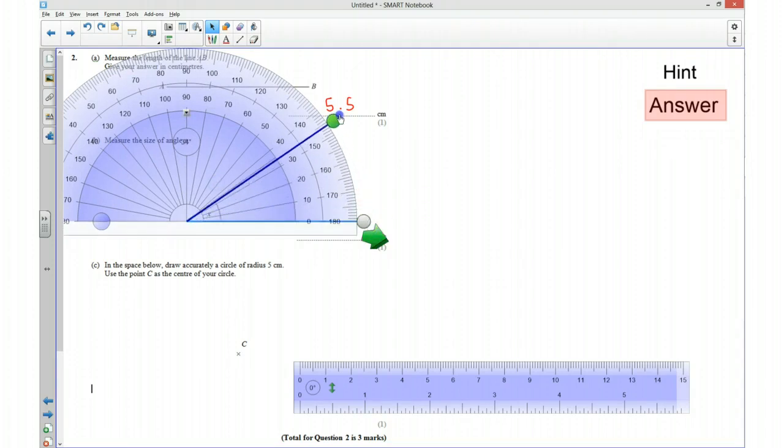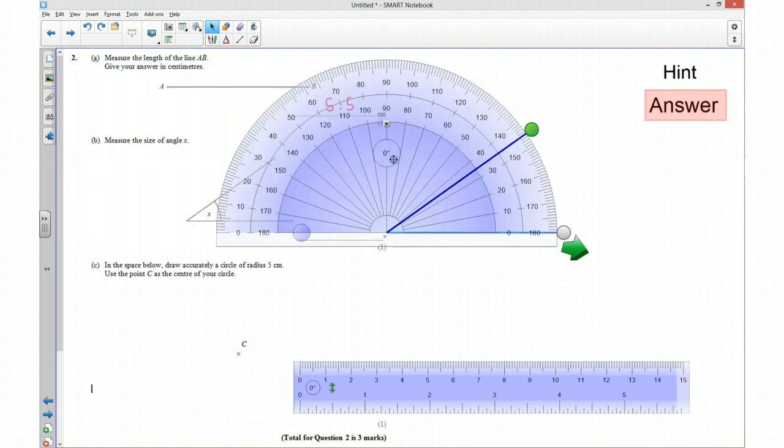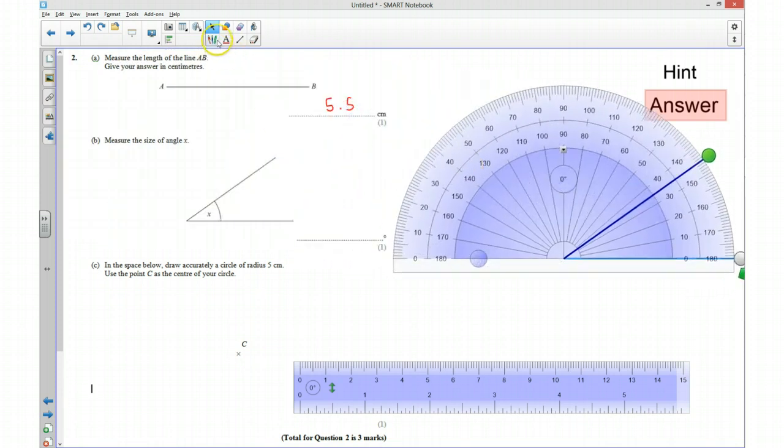So there's my line, and I'm using the inside scale here, because I've got 10, 20, 30, and this looks like it's going to be 35 degrees. So I can write that over there, and I'm going to put my answer as 35 degrees.